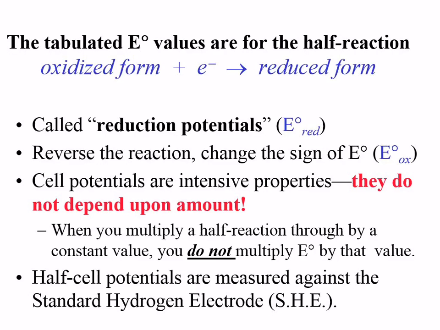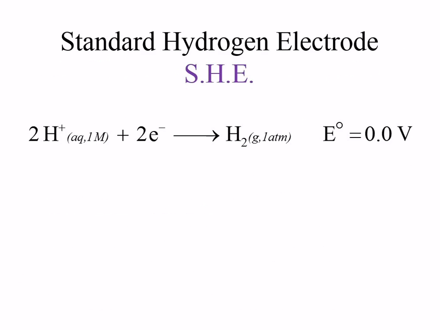Remember I told you a minute ago to put the SHE there for the hydrogen thing? Actually, when you look at tables, they are compared against the redox reaction for hydrogen. It's basically calculated against a standard hydrogen electrode.